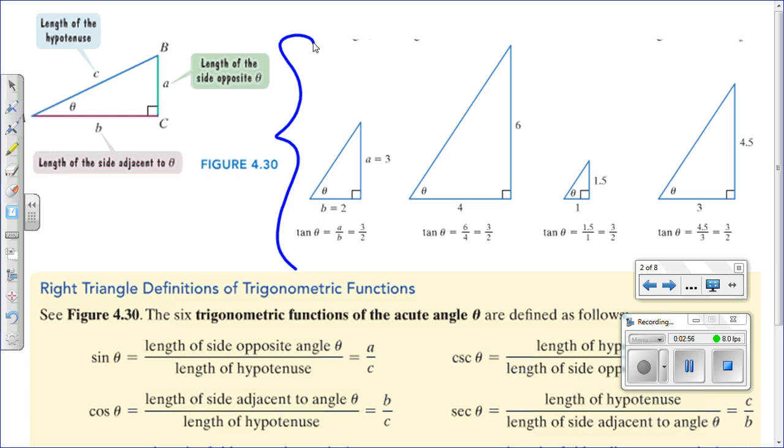Similar. They are similar. So to be similar, they have to have the same angles, right? So let's see if it's true. All of them have a 90-degree angle. Yes, do we agree? Yeah. Same angle. And then this one, we don't know what it is, but we know it's called theta.